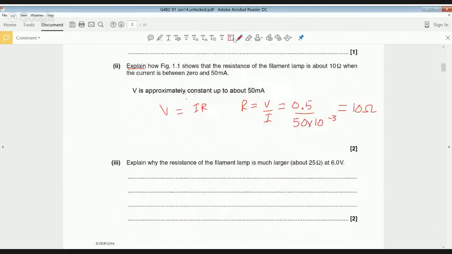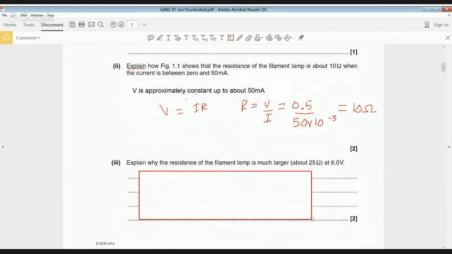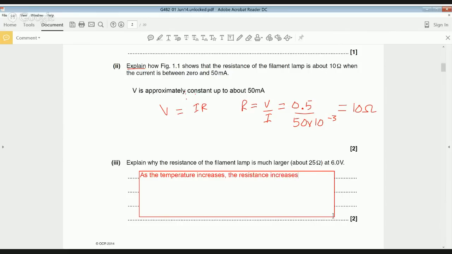The reason for that is because as the temperature increases, the resistance increases, but that's not the full explanation. The reason the temperature is increasing is because the current is getting higher. So higher currents lead to increased temperatures.